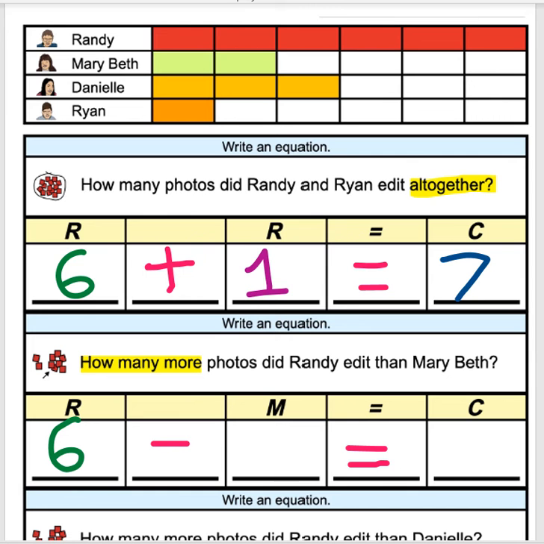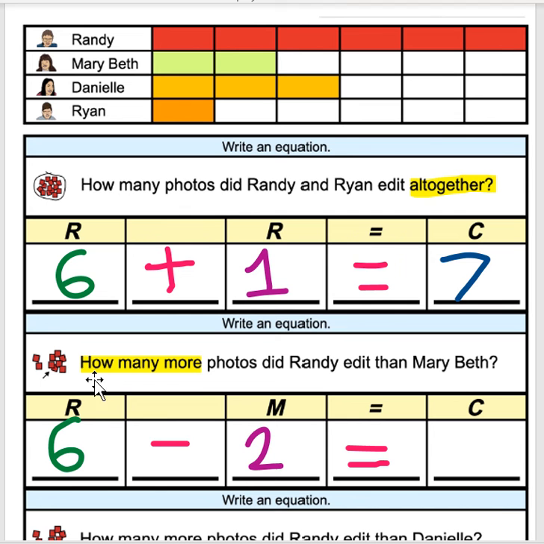So we're going to go back up to our bar graph and we're going to count how many Mary Beth had. 1, 2. So Mary Beth had 2 photos. So now our equation reads 6 minus 2 equals blank.